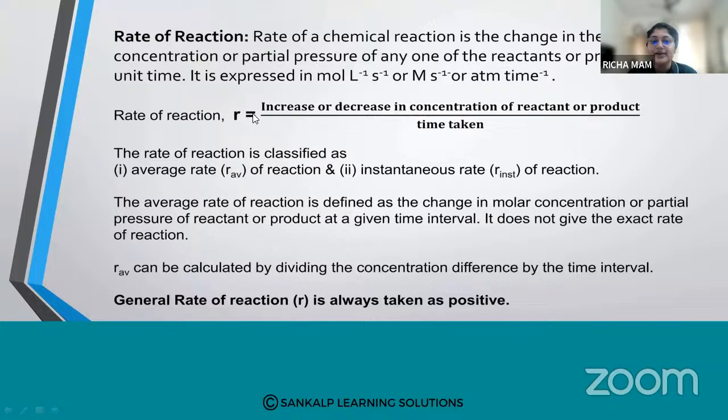So what is this rate of reaction we are talking about? The rate of a chemical reaction is the change in concentration or partial pressure of any one of the reactants or products per unit time.